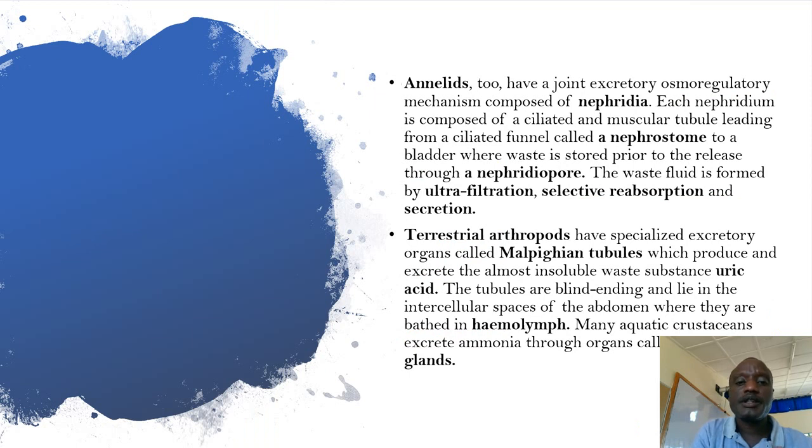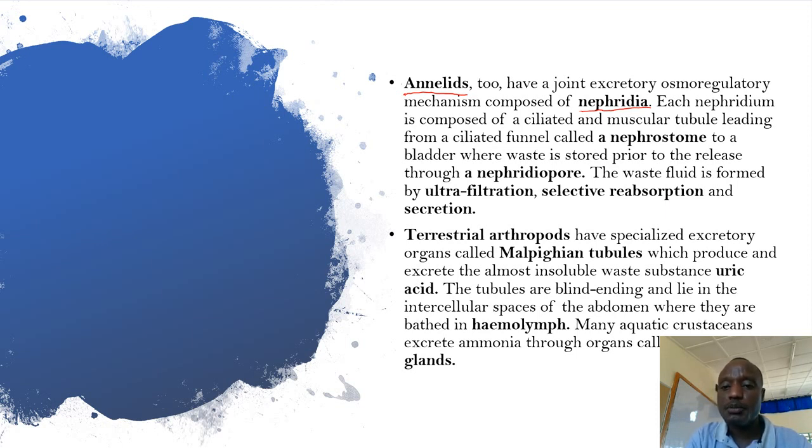Now we have another group of animals, the annelids. Their excretory osmoregulatory mechanism is the nephridia. Please pay much attention: for annelids, which excretory osmoregulatory mechanism do they use to discharge ammonia? They use nephridia. That is what you have to note about annelids.